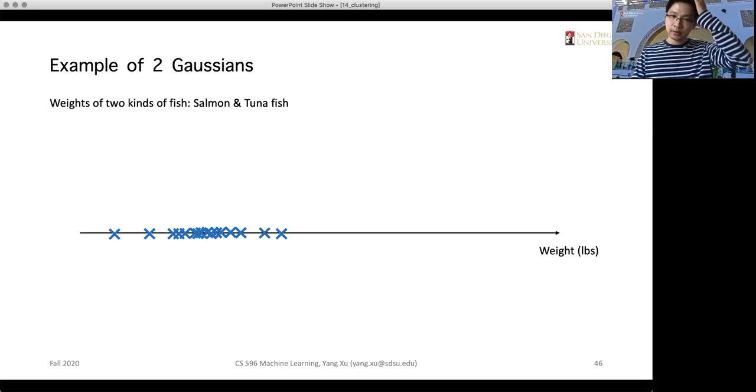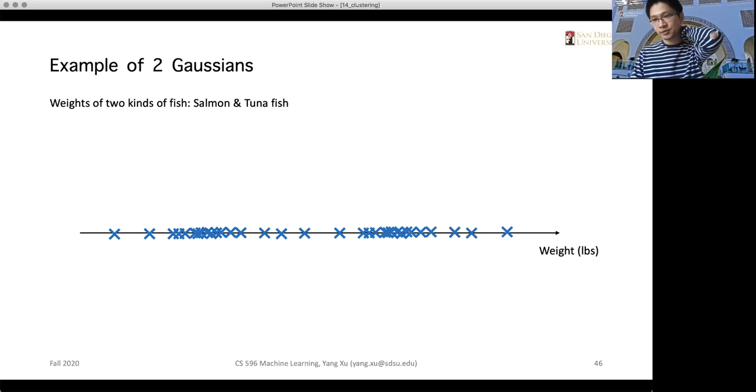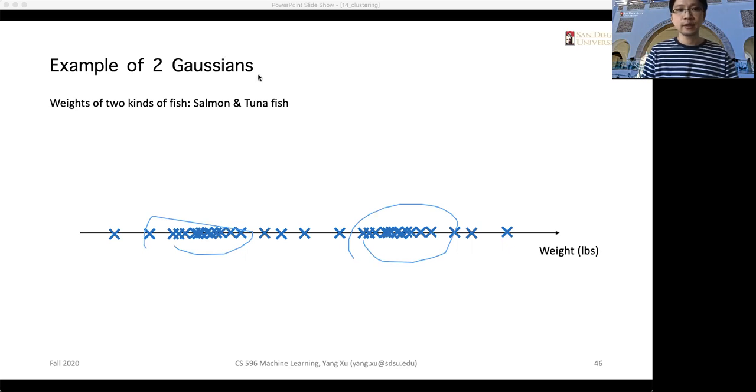Note that they are in the same color because we don't know the labels yet. We don't know which one is which. But in general, we can observe two clusters. The weight of a bunch of fish is centered around this area on the left, and the others are centered around this area.